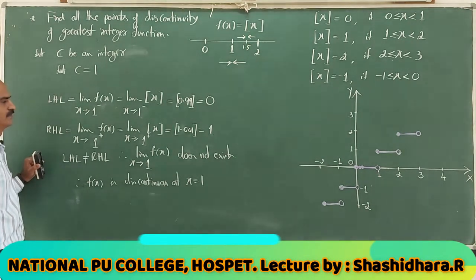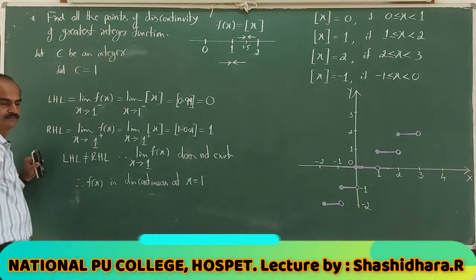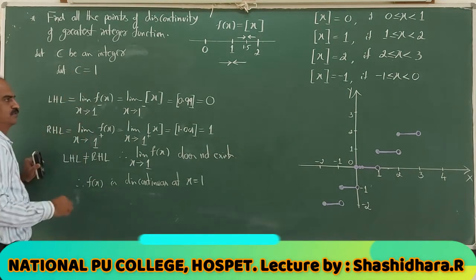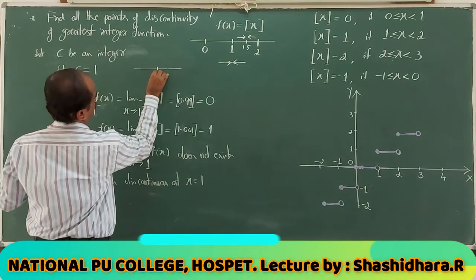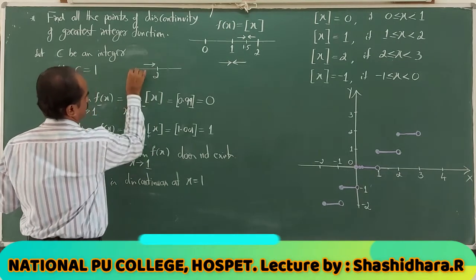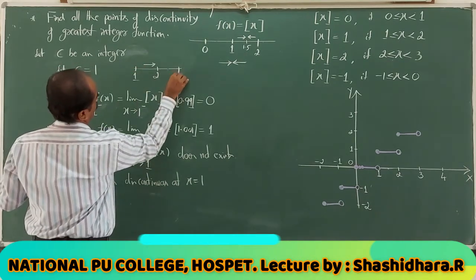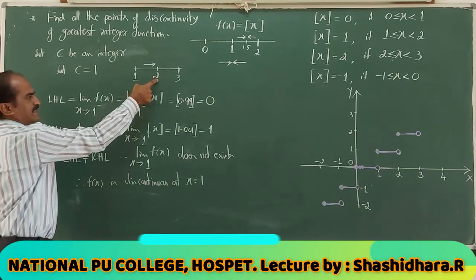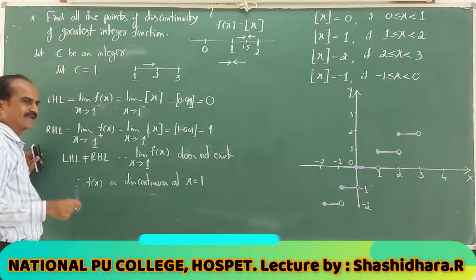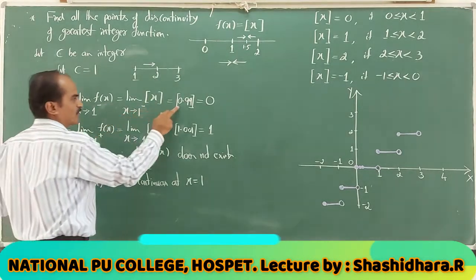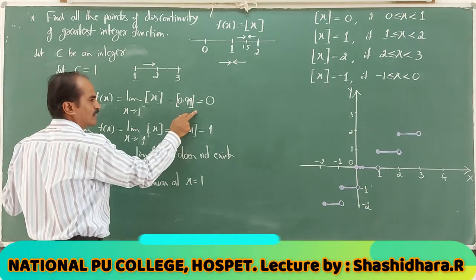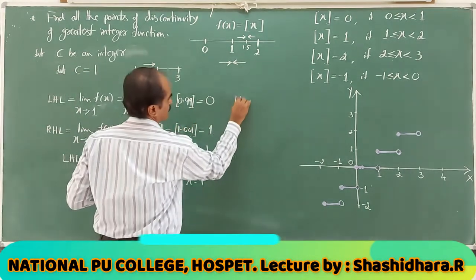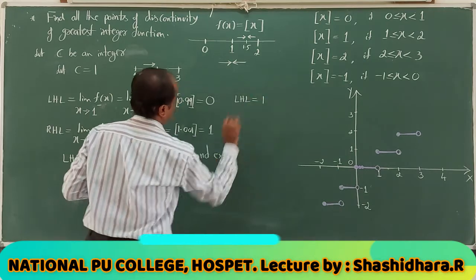Now, if I take 2 also, as x approaches 2 from the left side, the value of x will be slightly less than 2, maybe 1.999. The greatest integer of 1.999 is 1, so LHL will be equal to 1.